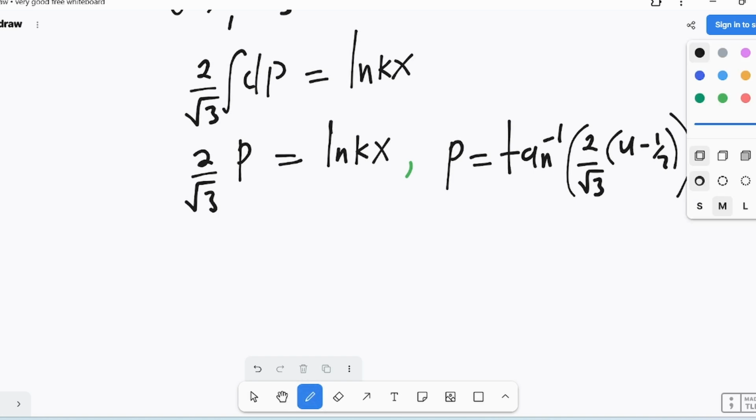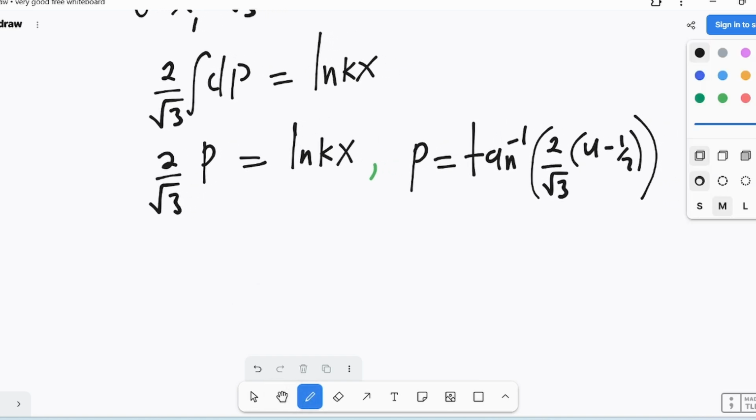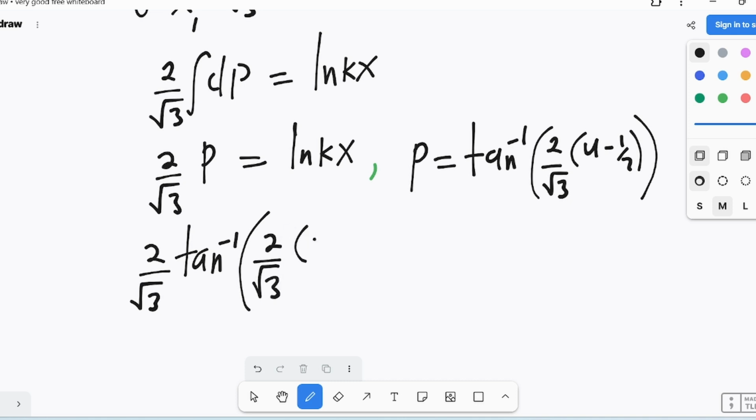So we shall have 2 out of root 3 tan inverse of 2 out of root 3 into u minus a half is equal to ln kx.